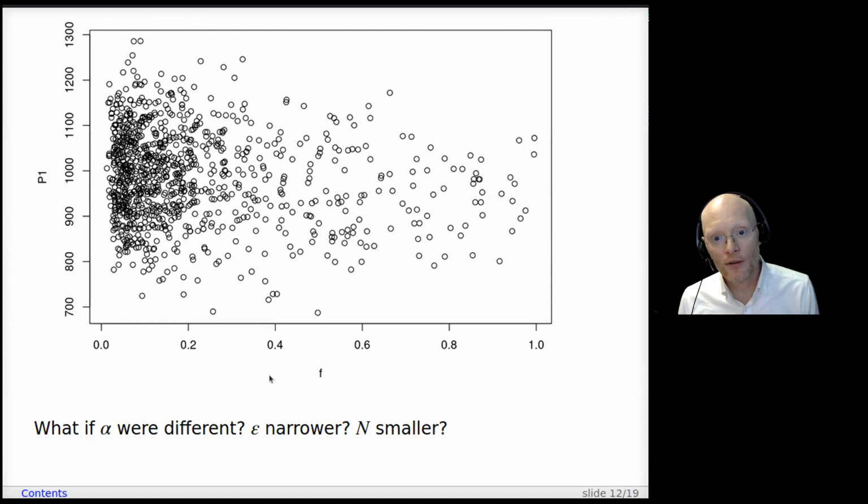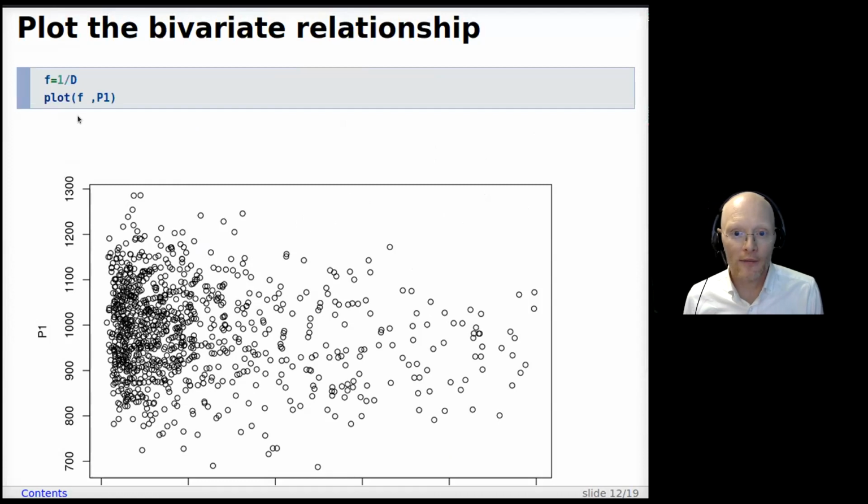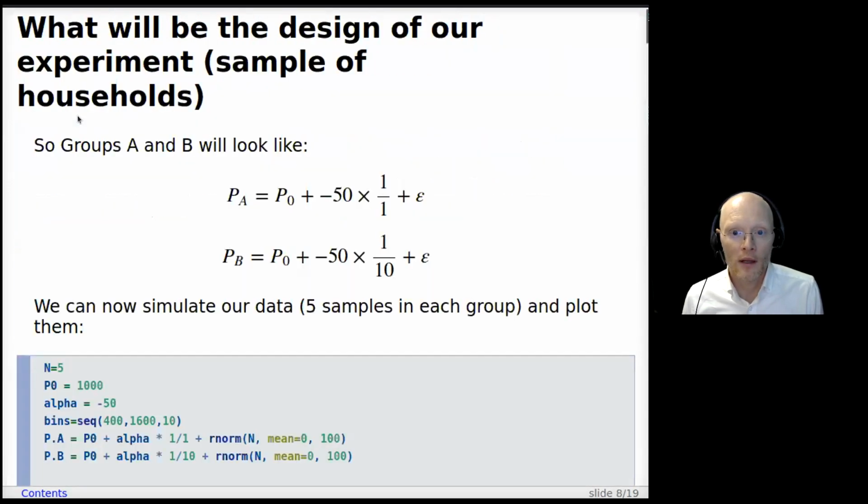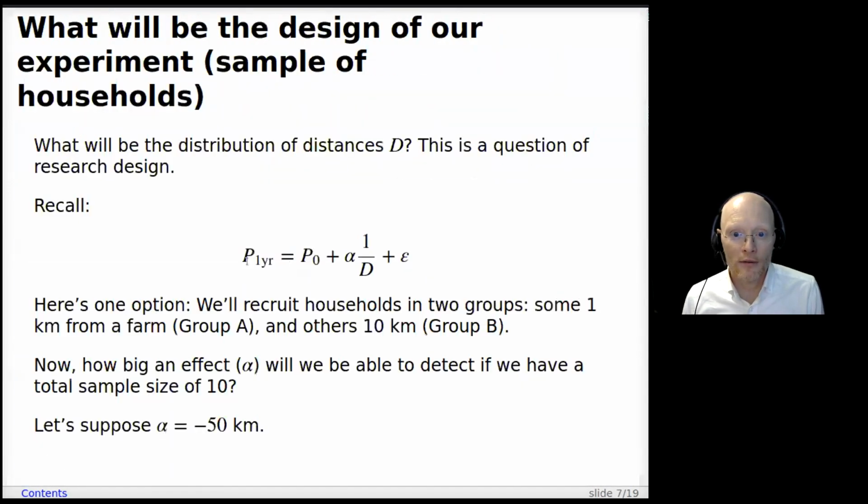Now, let me start with a hint, or maybe you've already paused and come back. What are we looking for? Just to remember, in a general version of our formula, we're looking at the relationship between the closeness to a farm and the hive size at the end.